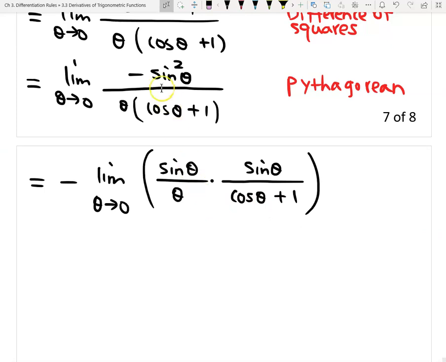We just separate this fraction into two fractions. So the first part is the formula. The second part we can find the limit directly. Now we can separate it into two limits, which means we can use the limit law, the product law. Can you see what do we get?